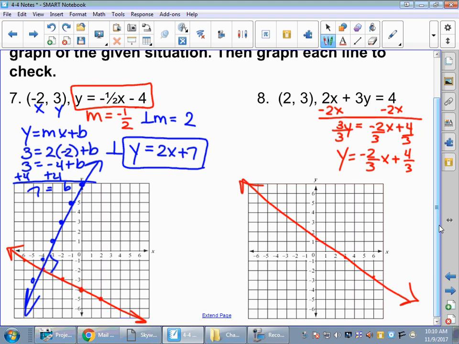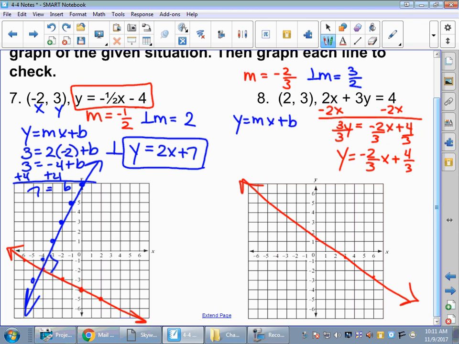My new line with my new slope: if the original slope is -2/3, my perpendicular slope, flip it and flip the sign, is +3/2. So I can just use y equals mx plus b again if you choose.